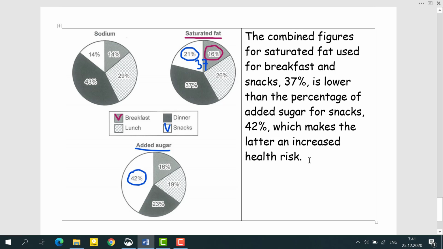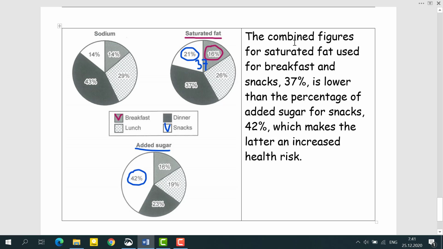The combined figures for saturated fat used for breakfast and snacks, 37%, is lower than the percentage of added sugar for snacks, 42%, which makes the latter an increased health risk. Okay, so here, the combined figures for. We know what kind of figures we're talking about, therefore it's important to use the definite article the.